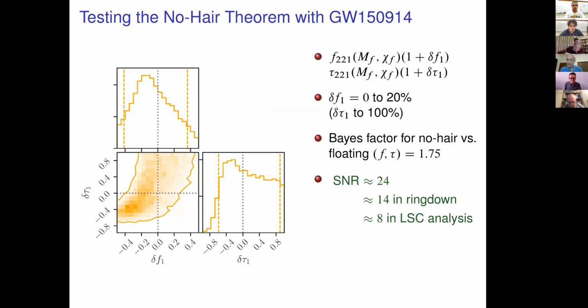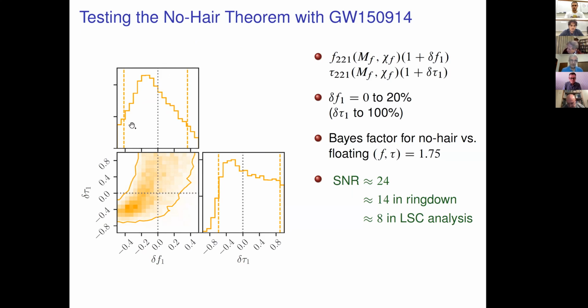And so now you can try to do a test. What we do here is we take this first overtone, so it has a frequency and a damping time, and we try to take the data and set bounds on deviations from the true Kerr values. So we're adding additional parameters to the fit for the deviation in frequency and the deviation in damping time. And so here's 0, no deviation.